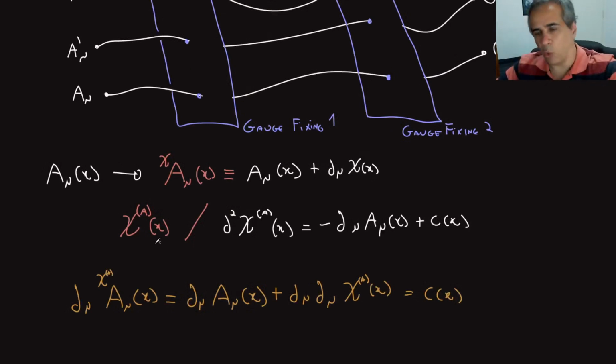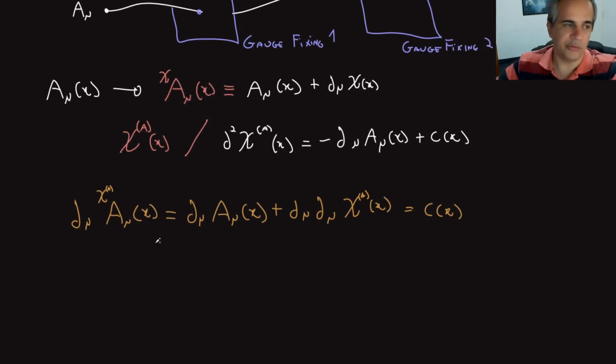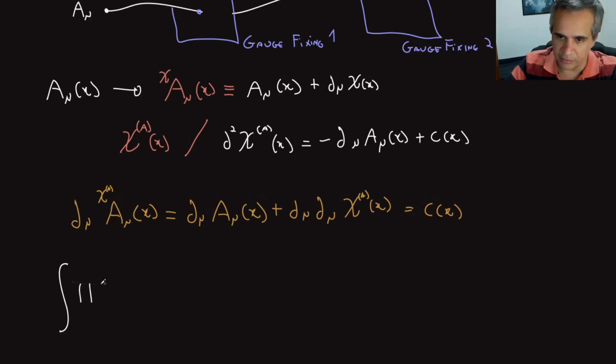Now, what I want to prove is the following identity. Suppose I do a bunch of integrals. This will become a path integral over d chi of x.